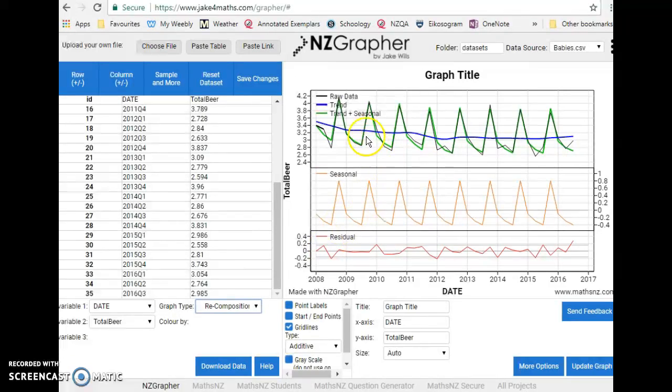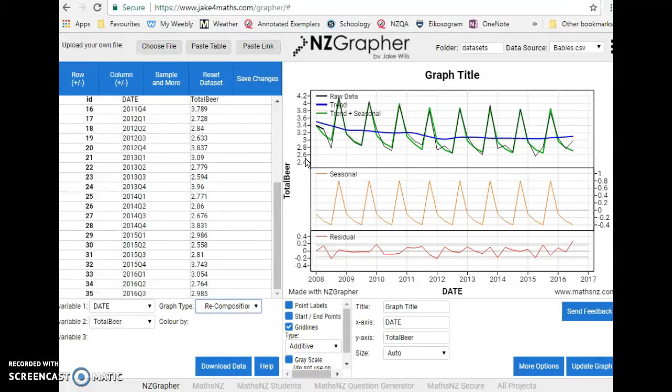What do I mean by that? Look at the range of raw data, look at the black. Where's the lowest black value there? It goes from 2.6 all the way up to 4.2. The range of raw data, I think, is 1.6, right?